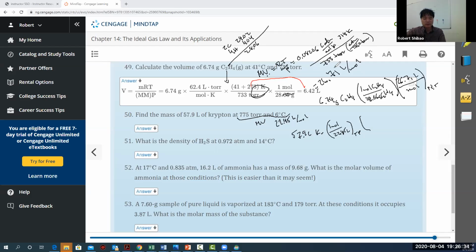Or if you have your periodic table handy, that's probably a lot better. There we go. Krypton, you find, okay. Actually, I should just look up their answer.